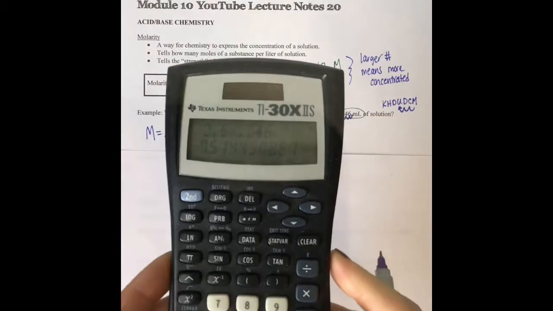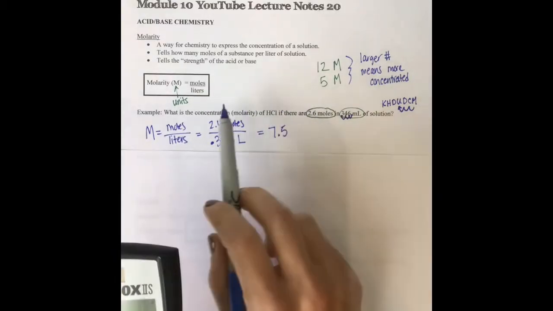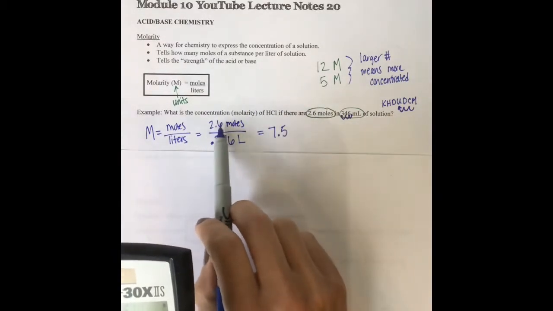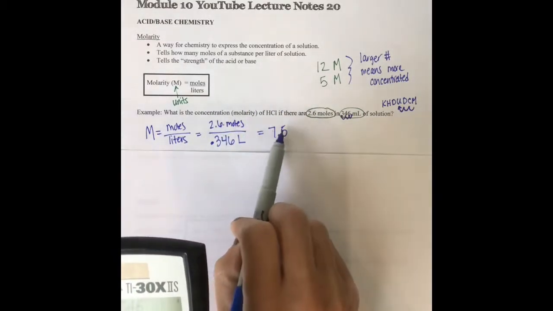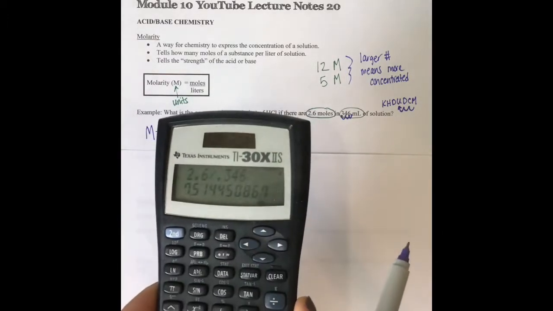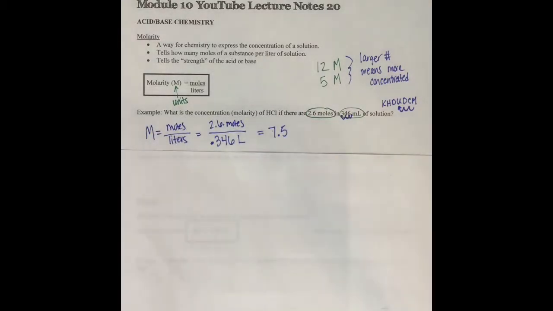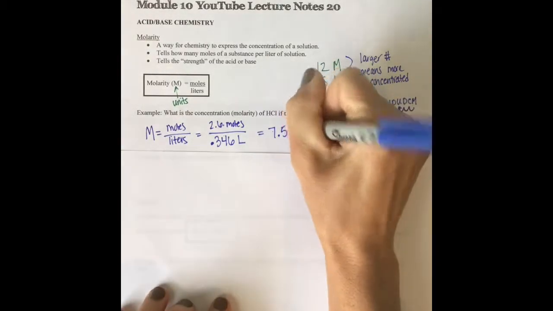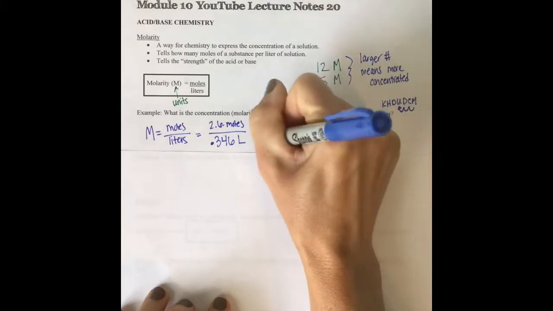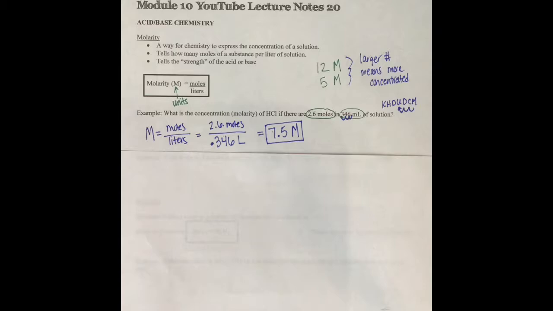Now remember, I don't need to keep all of these digits on the calculator because my moles were only measured to 2 sig figs. So we should really only keep 2 digits or 2 sig figs in our answer. So just try to be cognizant of that. And then our label is just a big M. So that is our concentration or our molarity of our hydrochloric acid.